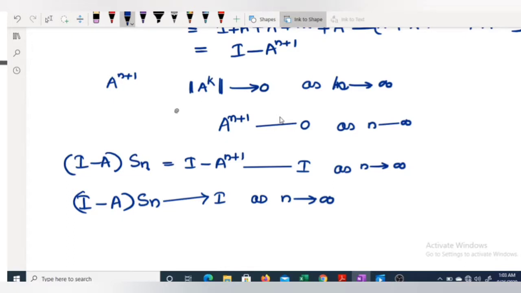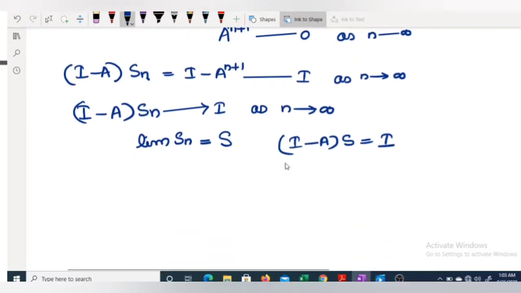Therefore what about limit of Sn? If you consider limit Sn is equal to some S, then I minus a into S is equal to the identity operator, since I minus a into Sn tends to I as n tends to infinity, and this is the only term that contains n.